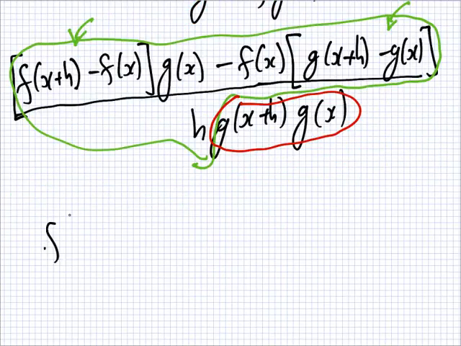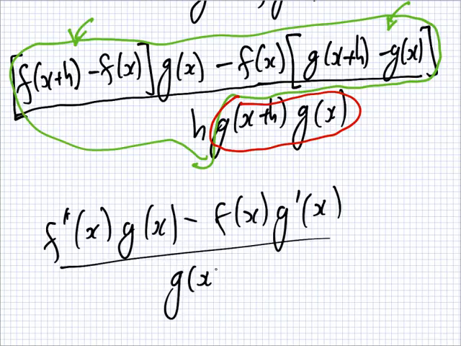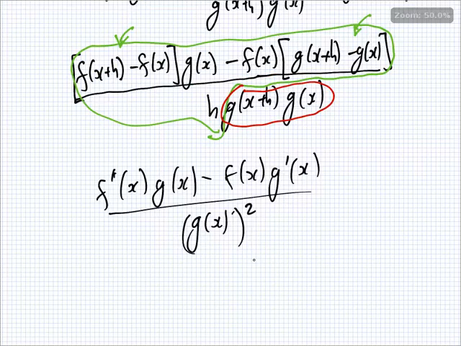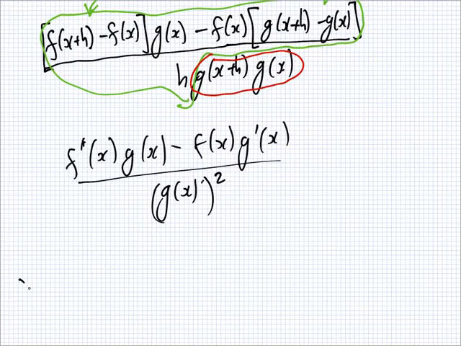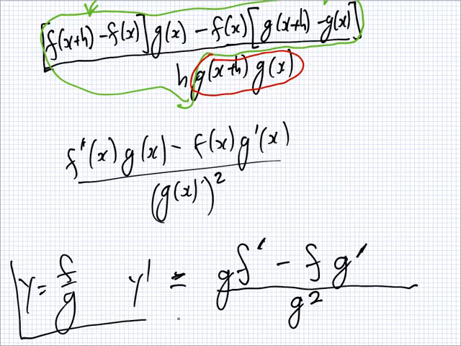So you're left with f derivative x times g(x) minus f(x) times g derivative x, all over g(x) squared. This is the quotient rule. Or to write it a little bit shorter, if you have y equals f over g, the derivative is the bottom squared, the bottom times the derivative of the top minus the top times the derivative of the bottom. This is the quotient rule.